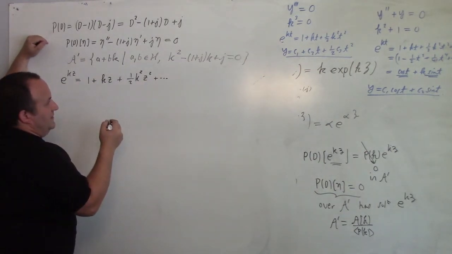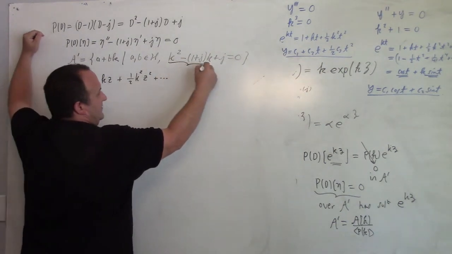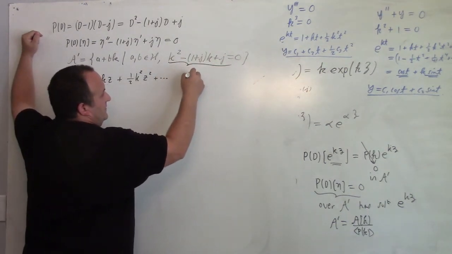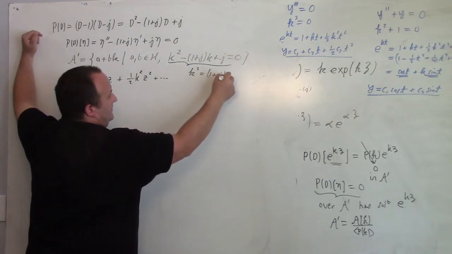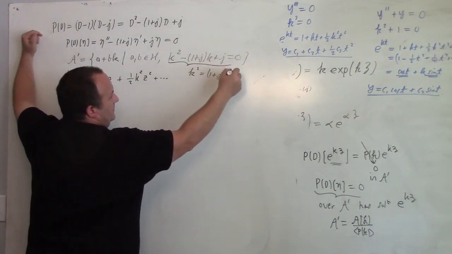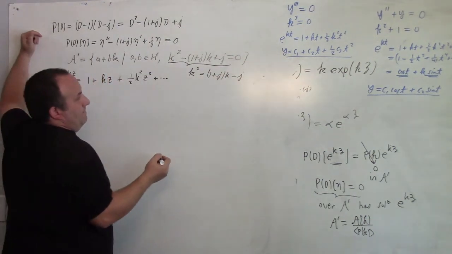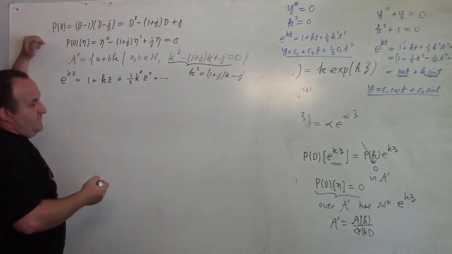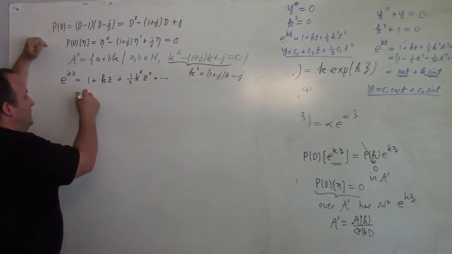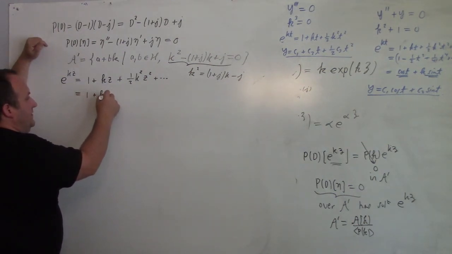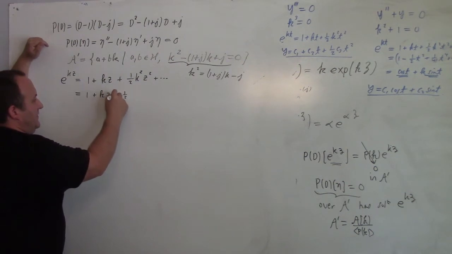So if I just went on direct calculation, then I would have what? k squared is like 1 plus j times k, right? Minus j. So this would be 1 plus kz plus 1/2 k squared, which is what?